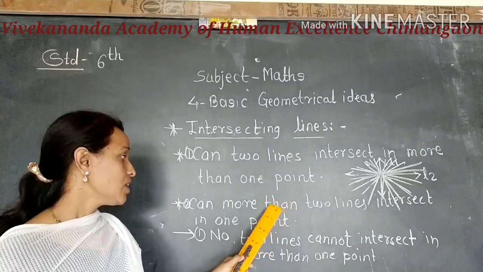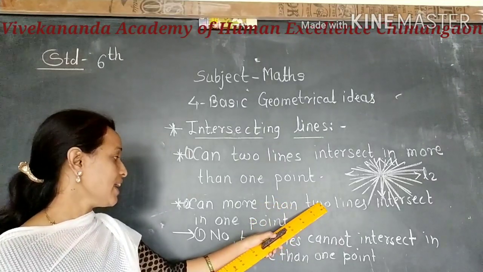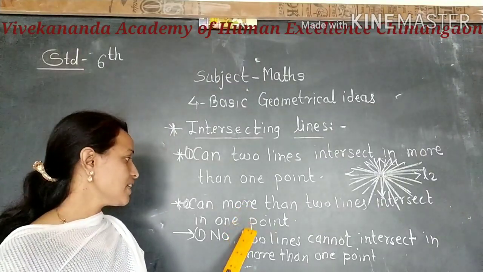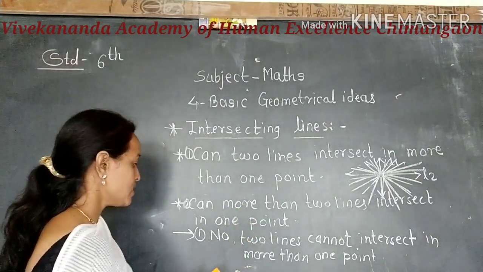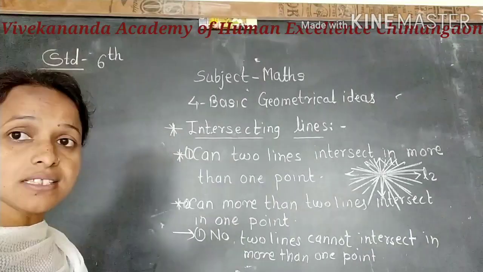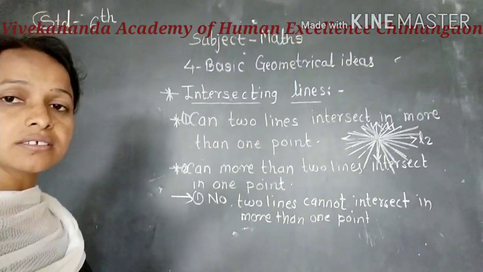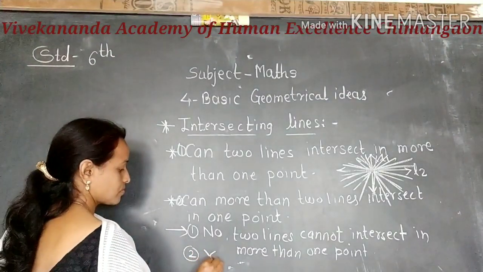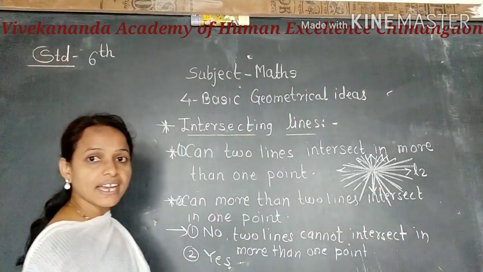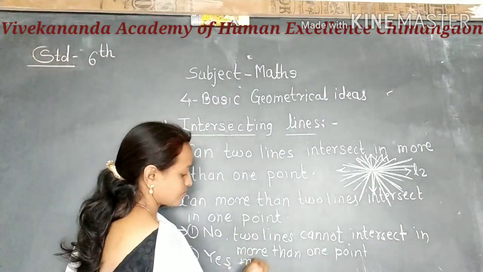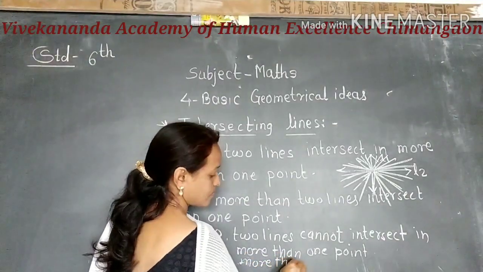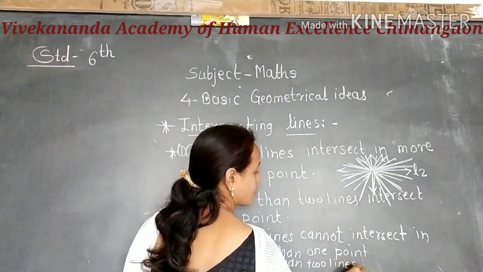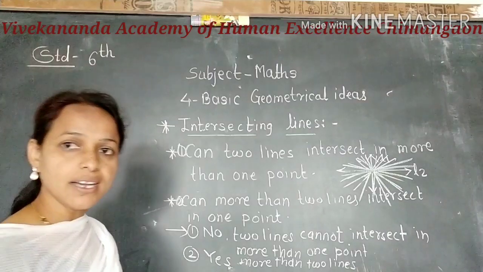What is the answer to this question? Yes. More than two lines can intersect in one point.